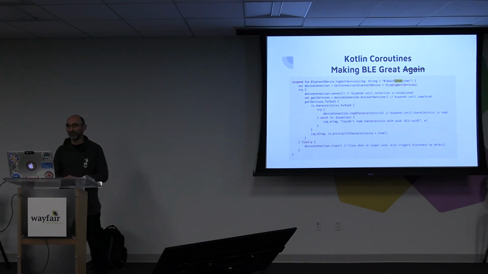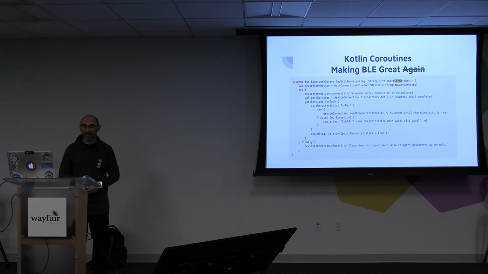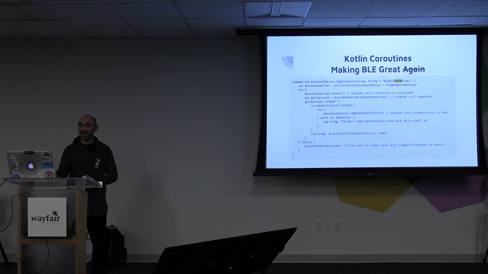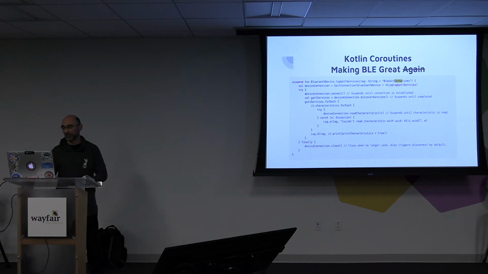It's an absolute nightmare, but with coroutines, there are a lot of nice BLE libraries out there that you can use, and it just makes BLE programming much better. I talked to the Android core team, and they said they're not only seeing other people generating libraries for BLE, but they themselves are going to come out with a Kotlin coroutine BLE library that they're going to have as a part of core Android.